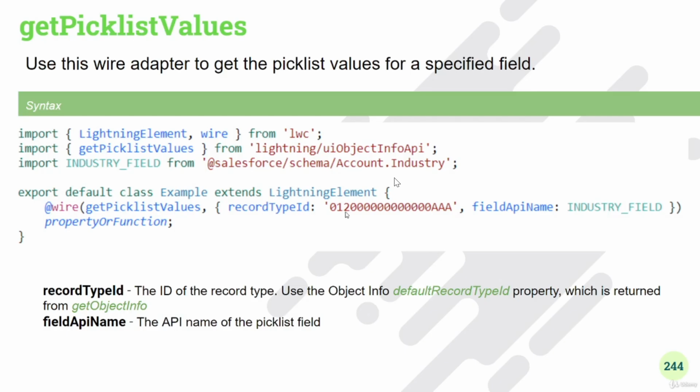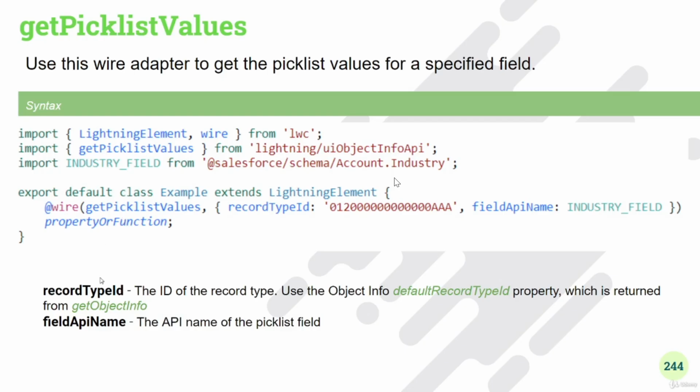We need to pass the record type ID, and don't get confused between the record ID and the record type ID. And then we have to pass the field API name for which field you want the picklist values. In this syntax example, I want the picklist of the Industry field, which I can get from Account.Industry.